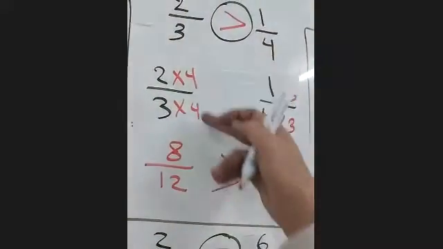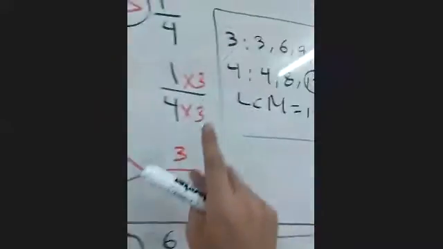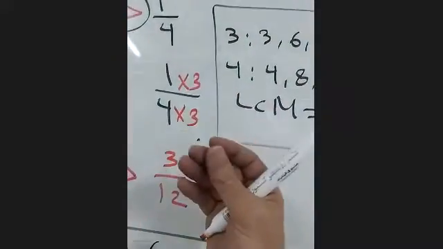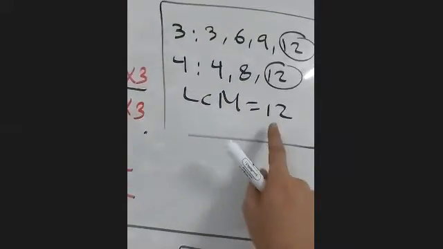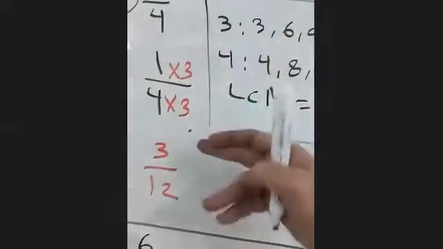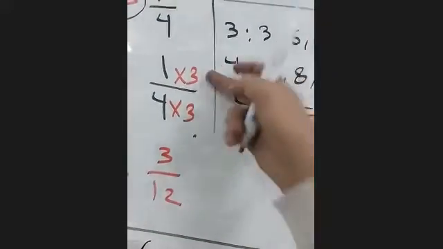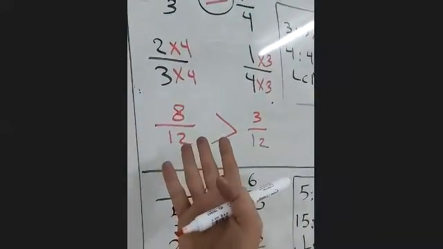So I multiply up and down by 4. And the 4, how does the 4 become 12? We multiply it with 3, up and down, don't forget. Now I simplify. Got it? Yes, got it.